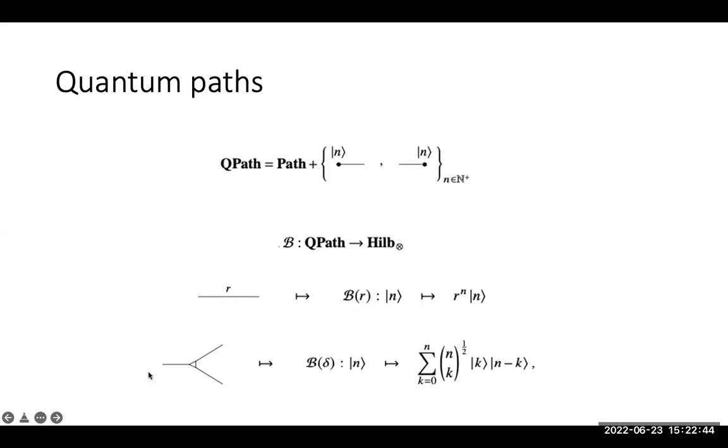Phases are mapped in this way. And then the split is mapped to something like this: you have n photons coming in, and then there are all the superpositions of k photons on one side and n minus k on the other, with coefficients given by the square root of n choose k. And then you can interpret all the other generators: if you take the adjoint of this, you get the monoid.